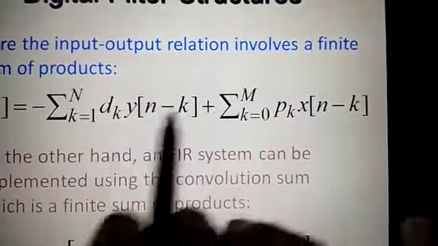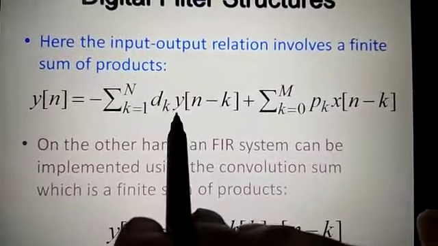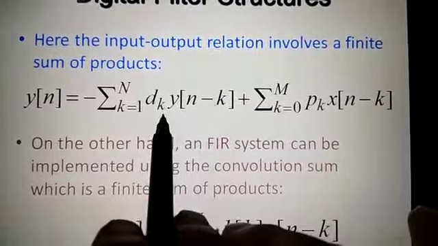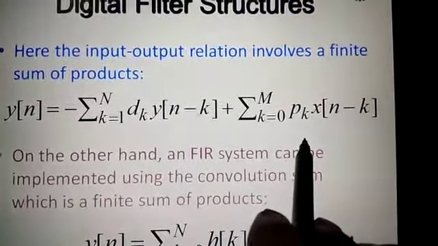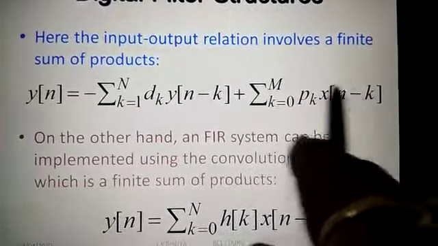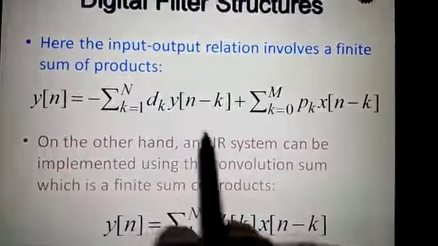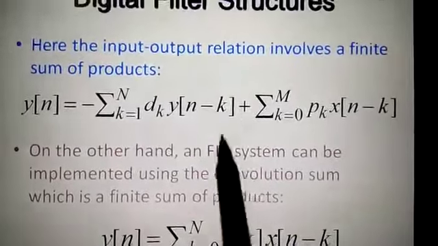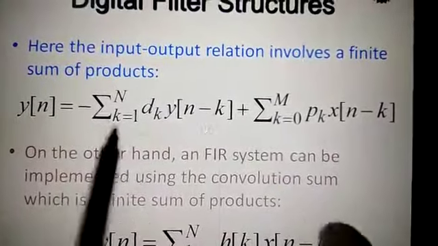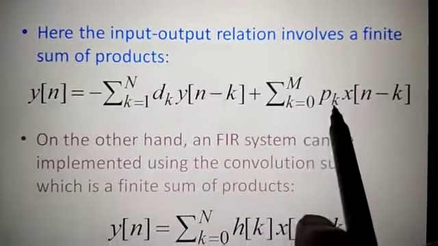Here you can write a k, b k, and in terms of the impulse response we go for h of k. So this is the basic equation of the linear time invariant system, and this particular equation represents the IIR filter. While except these past values, this equation can represent the FIR filter.